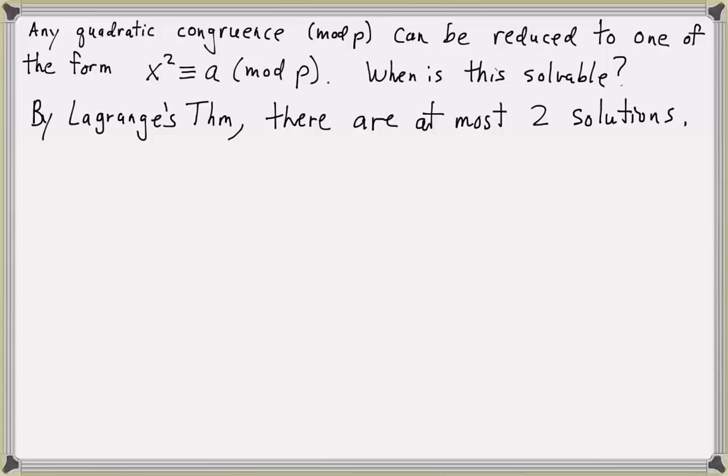So the degree 2 tells us that there's at most two distinct solutions. But notice that if x is a solution to this congruence, then negative x will also be a solution.